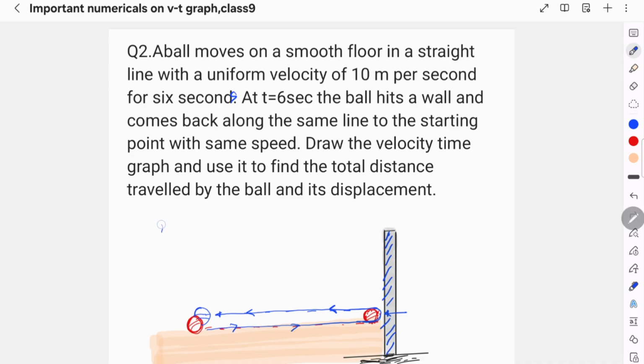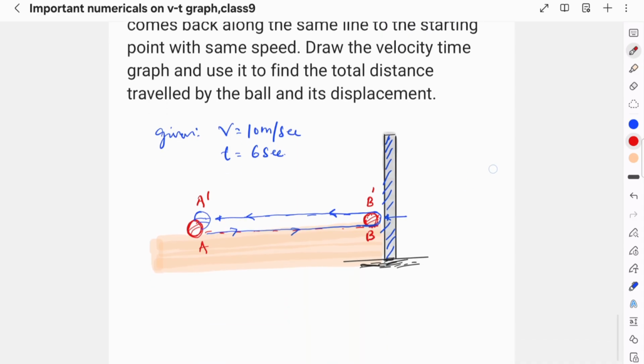Okay, so what is given? Given is velocity is 10 meter per second and the time taken is 6 seconds to hit the wall. So we have two cases here.